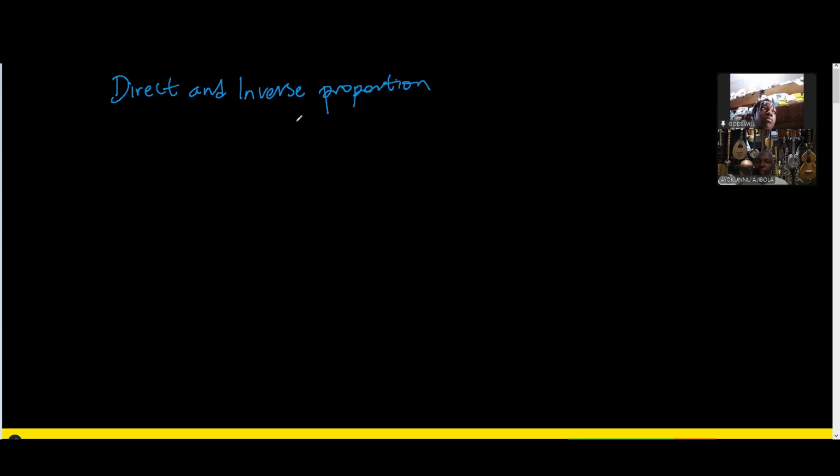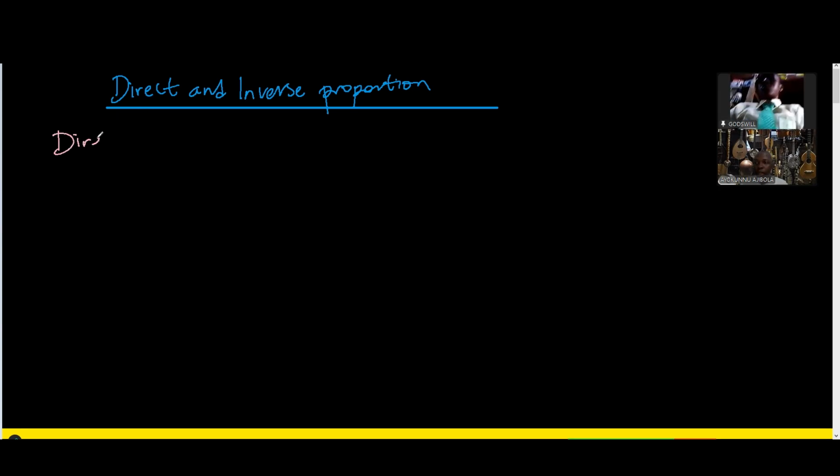So for direct and inverse proportion, I'm going to re-explain what I explained to you last week. When you are dealing with direct, there are two quantities we're considering. A goes up and B goes up.